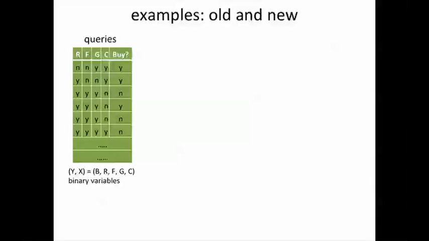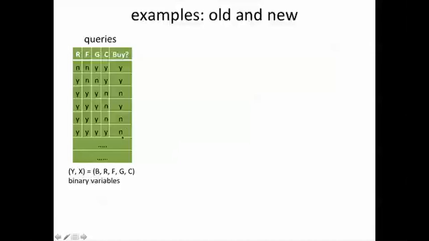Recall our machine learning of whether somebody is a buyer or a browser based on the queries that they issue in a search box. In this case, the queries that we had last time were red, flower, gift, or cheap, and we had various instances of people querying and then possibly buying or not buying.